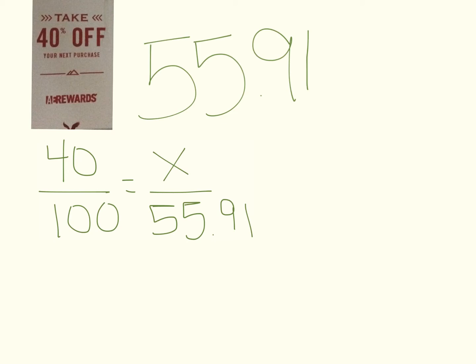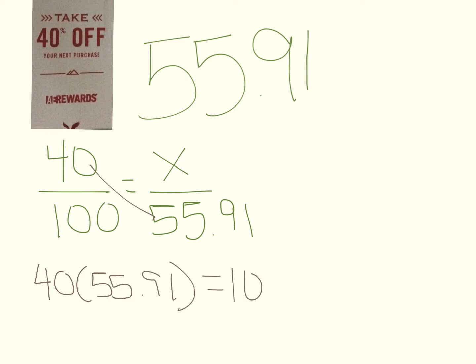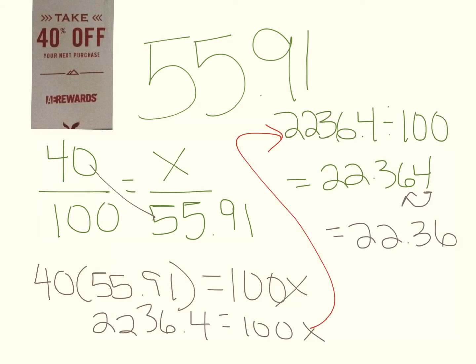Remember, we want to save. So 40 times 55.91 will equal 100 times x. Pause it and see what you get. All right, so I cross multiplied and then I divided by 100 and I got 22.364.